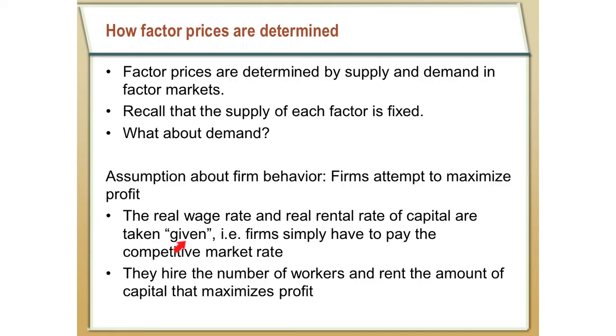That means that we are, again, making an assumption that these input markets, these factor markets, are competitive. There's lots of sellers. And firms don't really have any ability to control the price. They just simply look at the market rate, and that's what they have to pay. So they're going to hire workers and rent the amount of capital that maximizes profit.